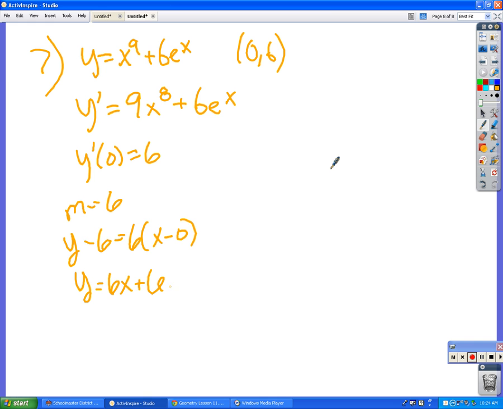Normal line is perpendicular, so the slope would be the opposite reciprocal, or negative 1 over 6, so that's going to be y minus 6 equals negative 1 over 6 times x, or y equals negative 1/6x plus 6. Is there a sign for a tangent line? No. All right.